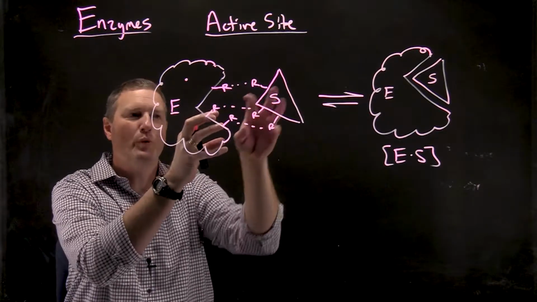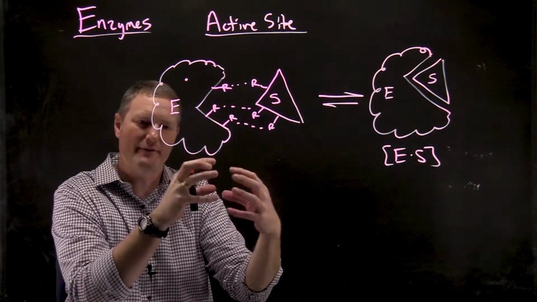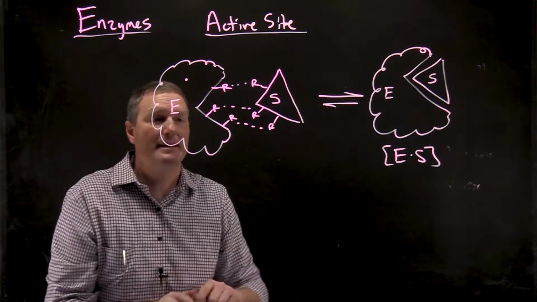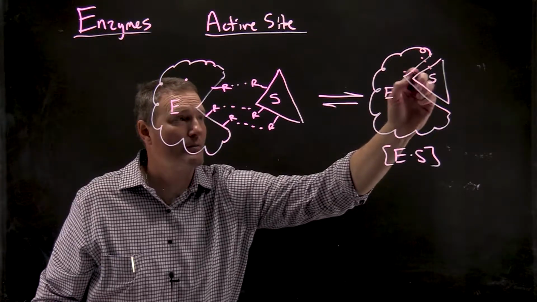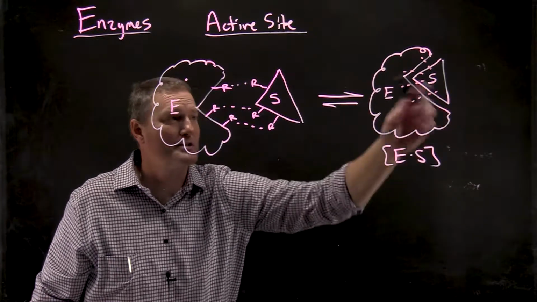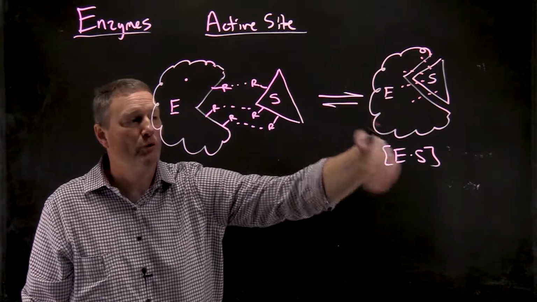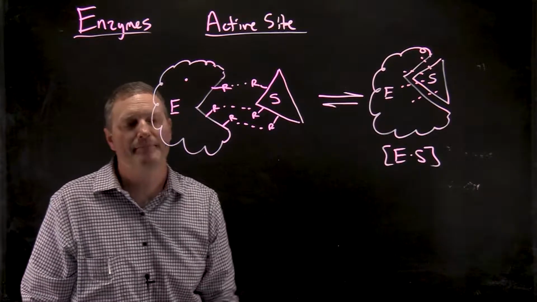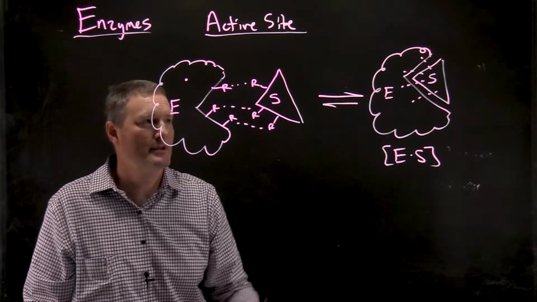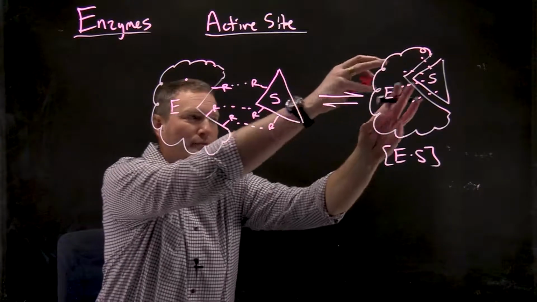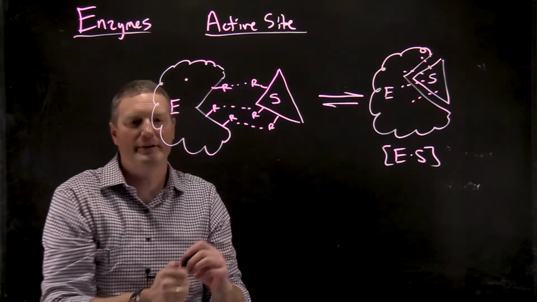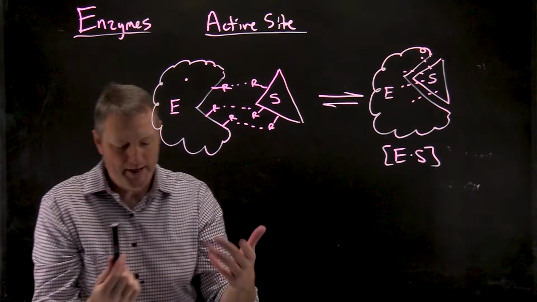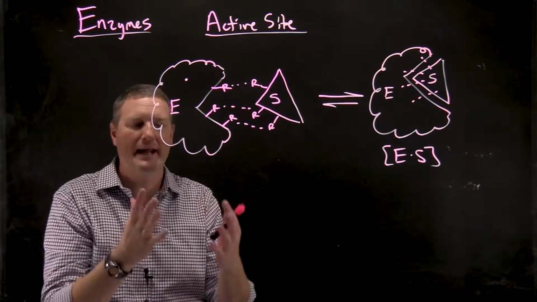It's going to match up with various groups on the substrate that have attractive groups on them and form this non-covalent, that's an important point here, these attractive forces are non-covalent, enzyme substrate complex. So notice this is a reversible reaction, could go either way. But once the substrate is now bound, the side chains that are surrounding the substrate are perfectly positioned in three-dimensional space to now catalyze some chemical reaction. So that's what an active site is.